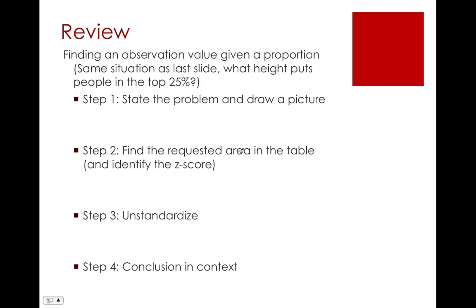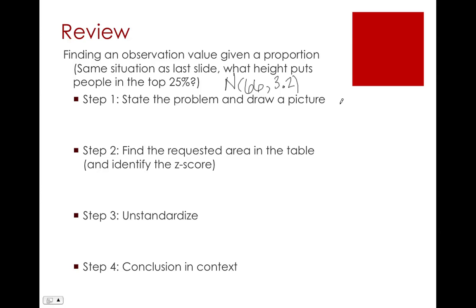Looking at this backwards one, again, I'm normally distributed with a mean of 66 inches and a standard deviation of 3.2 inches. Is that right? Yep. And we're asked what height puts people in the top 25%. So I want you to try this one as well.